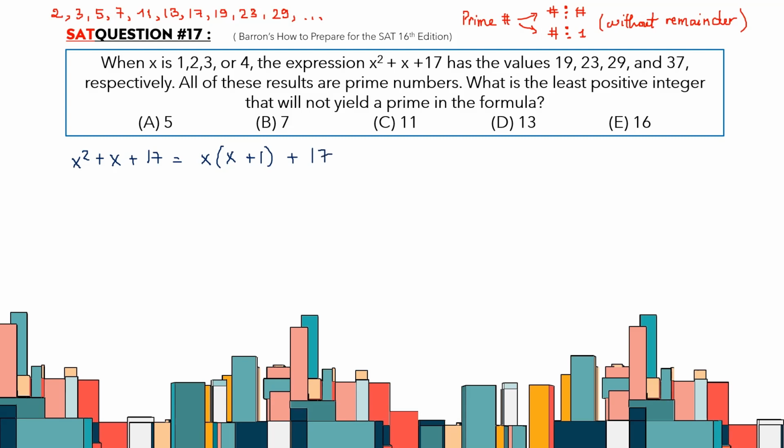And when you plug in a number into this sum, if the result only divides by itself and 1, that's a prime number.